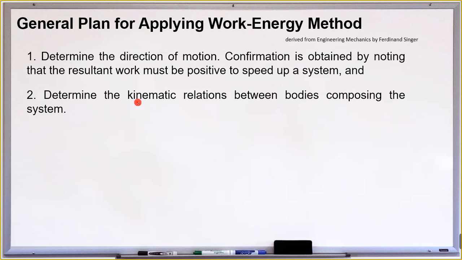This is especially for a system of rigid bodies, like blocks connected by a cord, where the cord passes over a pulley. You need to check whether the displacement of one block is equivalent to the displacement of the other block, because the displacement of one block may not be equal to the other block connected to it. It could be half or 2 times or 3 times, and so on. So you also need to determine that.